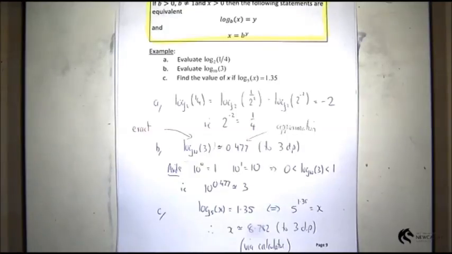And it turns out that for a lot of applications, e is the best base to use, and hence it's called a natural logarithm. And you will find out why that is the natural base to use when you come to calculus.